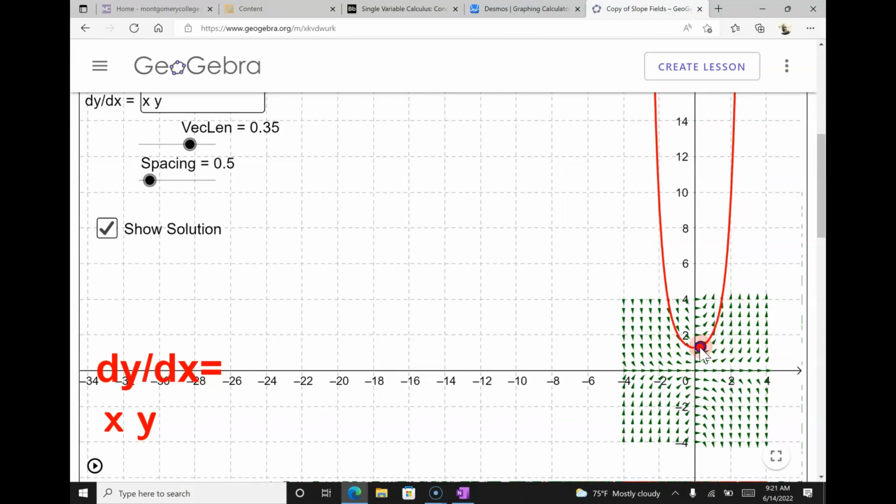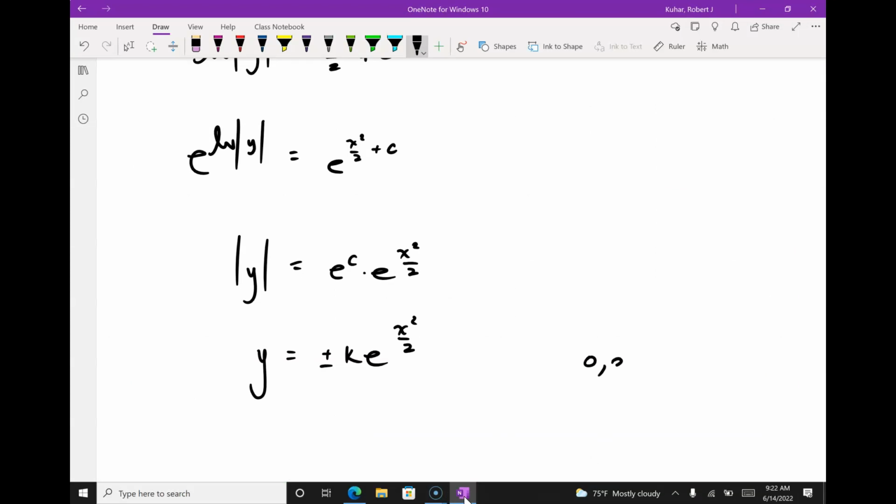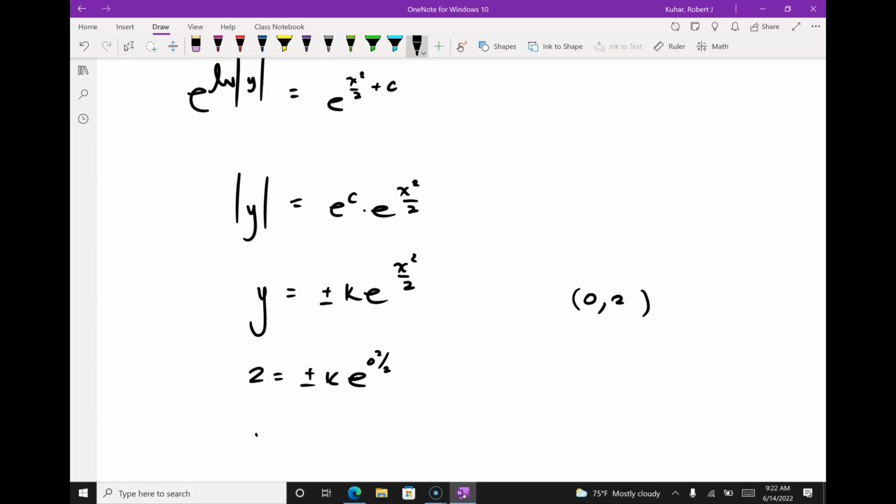If I know my function hits the point (0, 2), then I know that 2 equals plus or minus K e to the 0 squared over 2. So K is plus or minus 2, but it has to be positive, obviously. So K is 2, and I know the actual answer is 2 e to the x squared over 2.